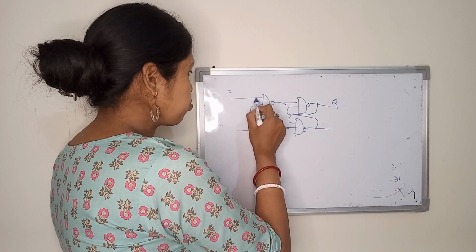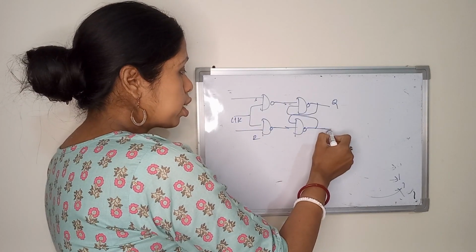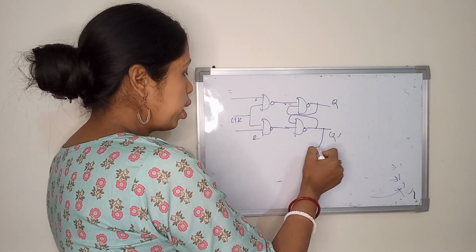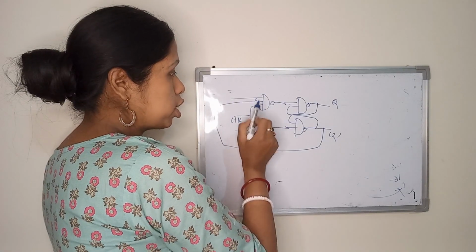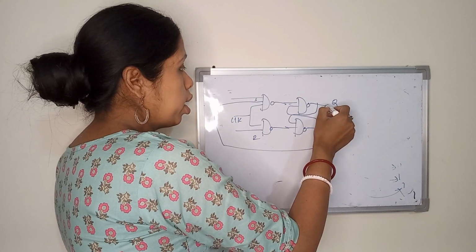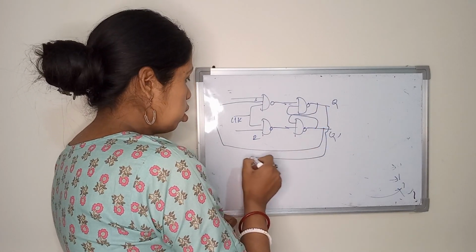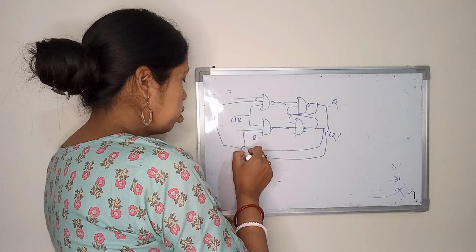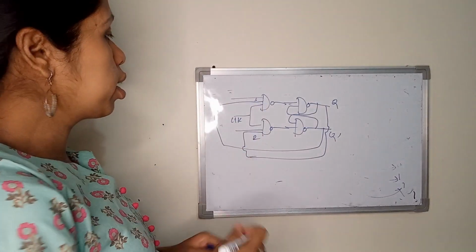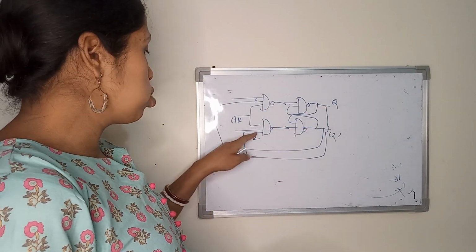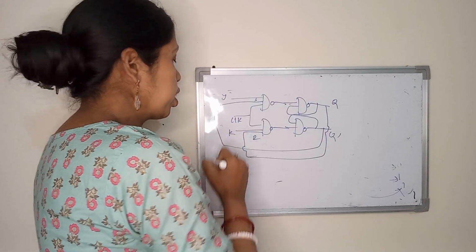Suppose this is the SR clocked flip flop. Q prime will be connected to the first NAND gate, the top NAND gate, and Q will be connected to this NAND gate. Then the inputs become J and K.